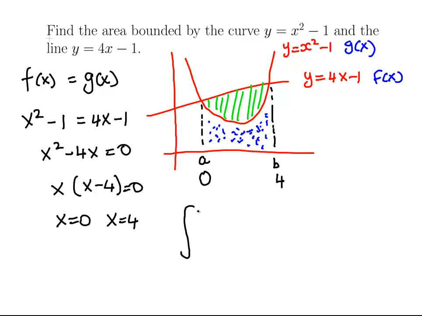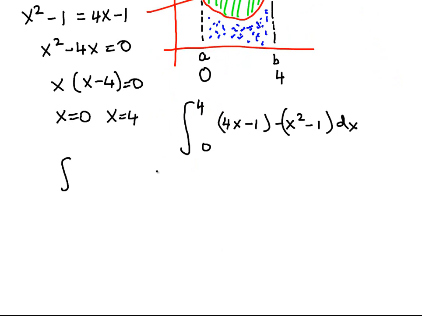So integral from 4 to 0 of 4x minus 1 minus x squared minus 1 dx, that is equal to the integral, just keep going, from 4 to 0 of 4x minus x squared dx.